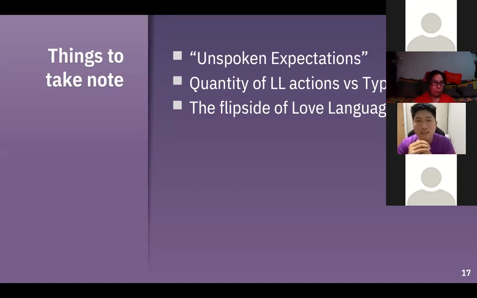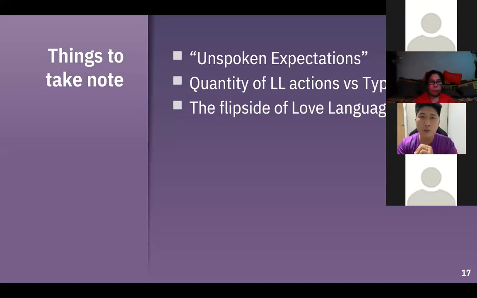So lastly, I want to talk about the flip side of the love language. The love language is nice, is beautiful and all. Okay? But guys, let me share with you something that is really important. Example, my love language is words of affirmation. Can I ask you a question? If this is not my love language, if this is my hurt language, what is my hurt language?